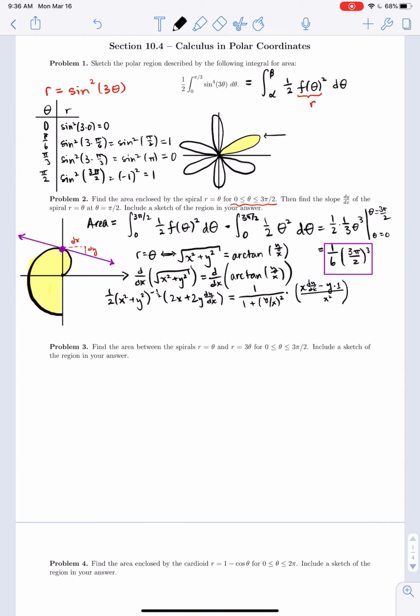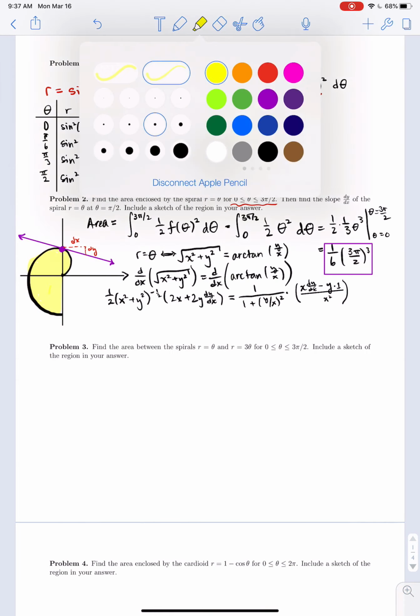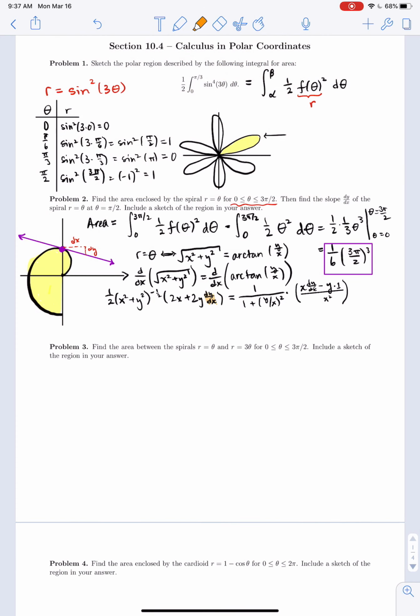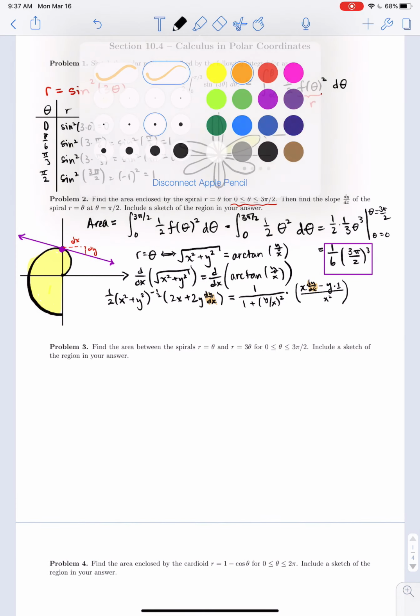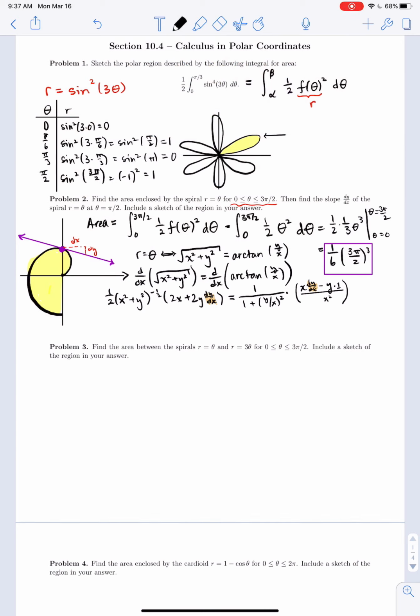So now you have an equation involving dy/dx, and you'll have to get that obviously on the same side and combine it so that you can solve for it. In the end, what we're really looking for is dy/dx when our polar coordinates, let's do r, theta, are at theta equals pi over 2, so r is pi over 2 as well.